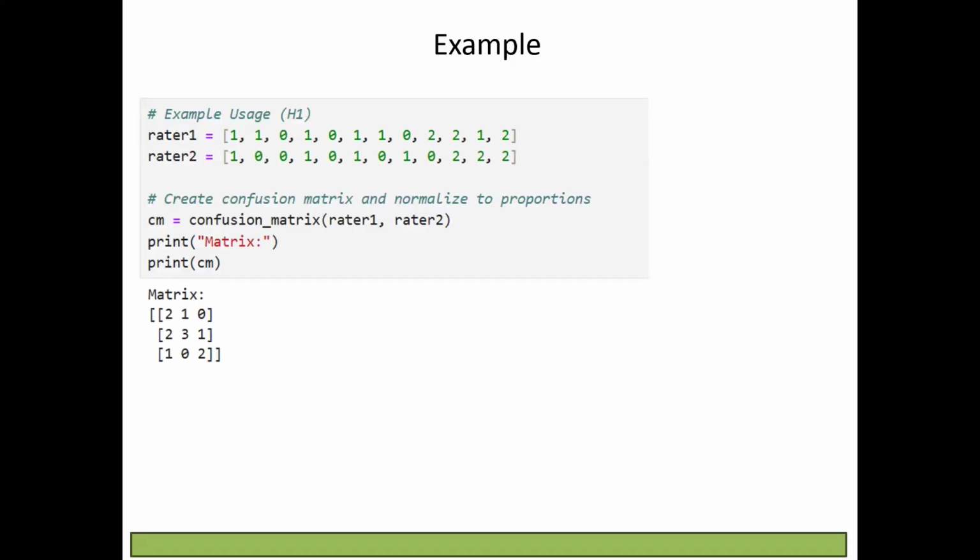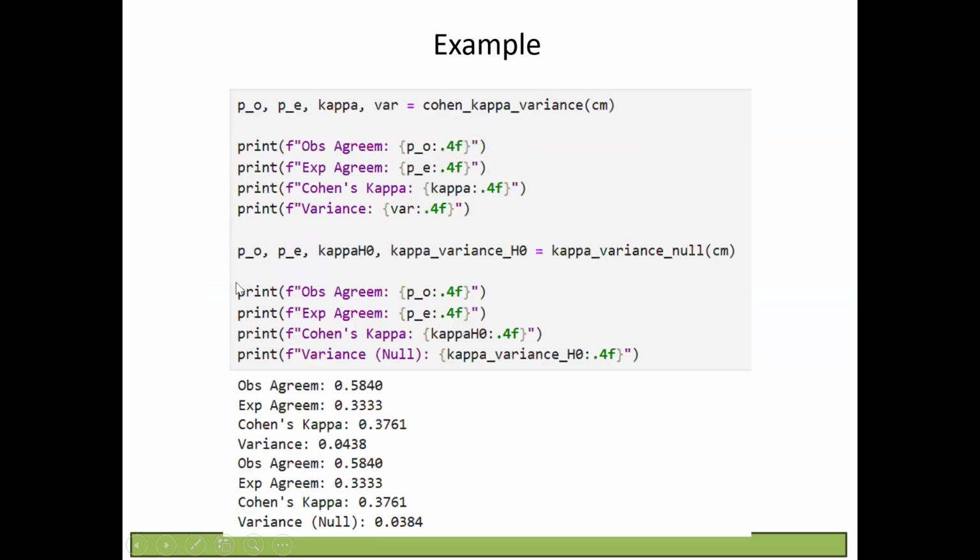So I have taken this example. There are two raters who rate the objects into three categories 0, 1, and 2, and we can create a confusion matrix using this code, and this is our cross tabulation or confusion matrix.